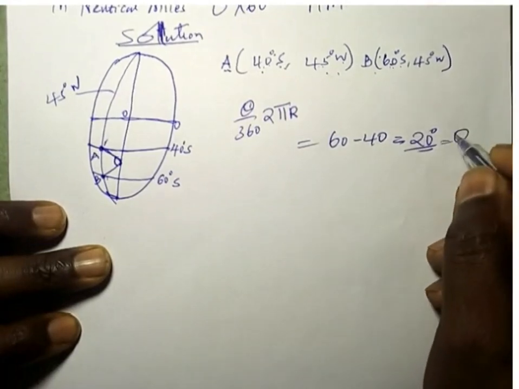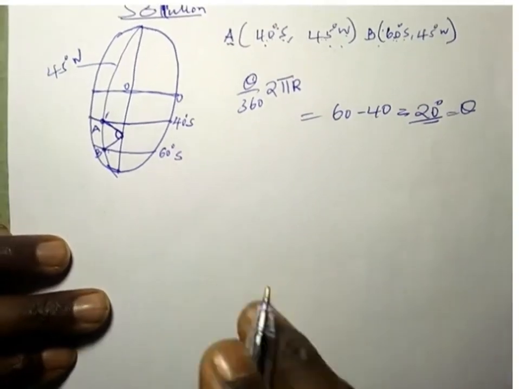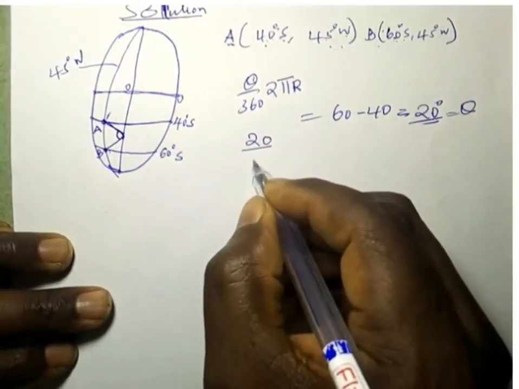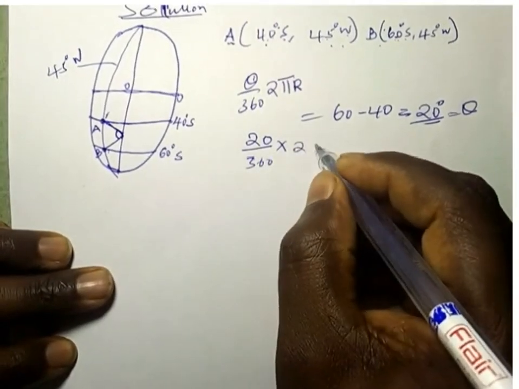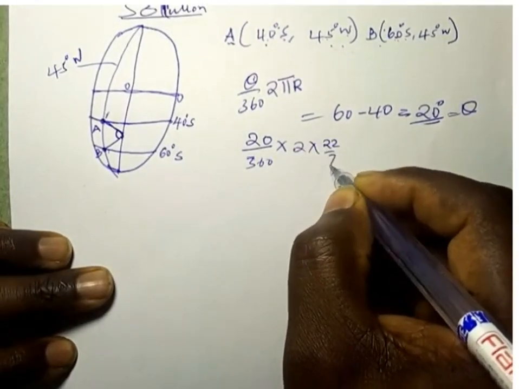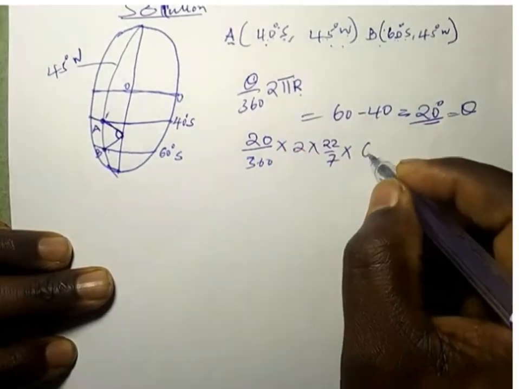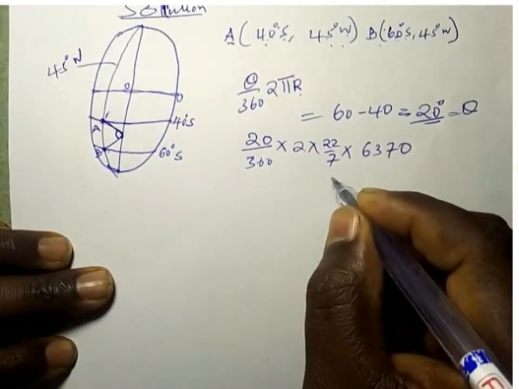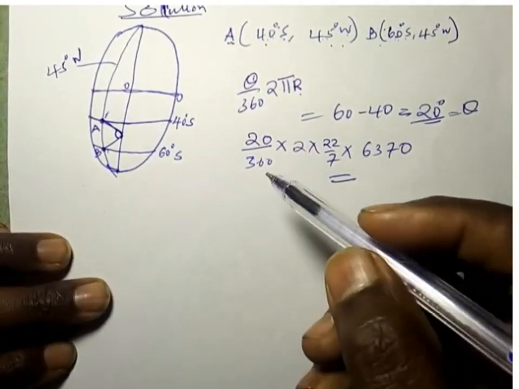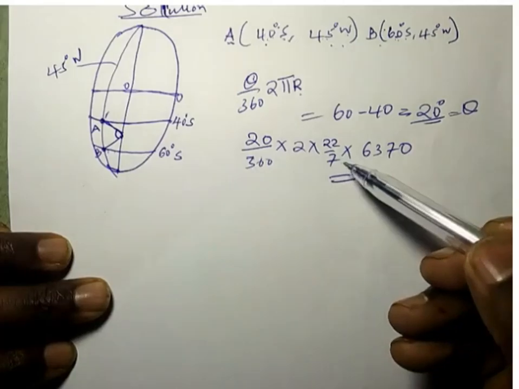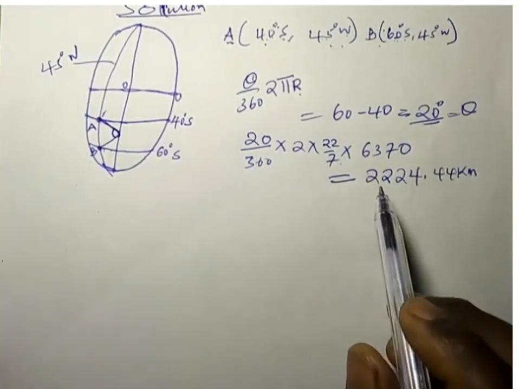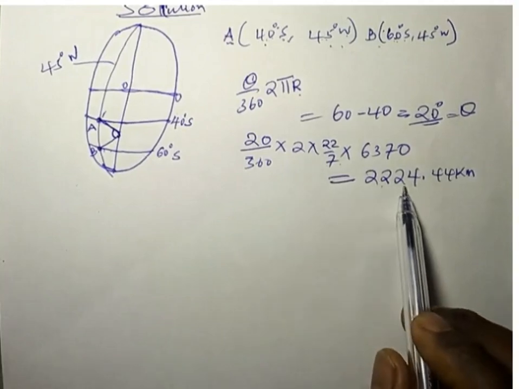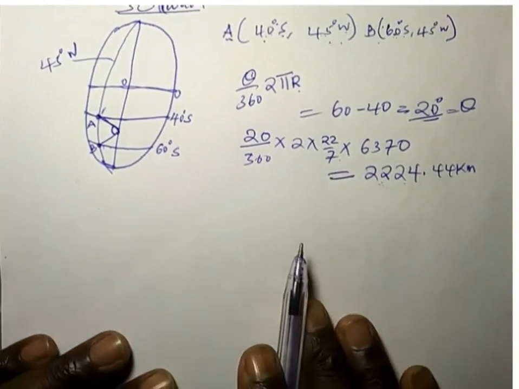So theta is 20. So you put 20 over 360 times 2 times 22 over 7 times the radius 6370. And that one gives us the length AB, the arc length, which is 22.4 kilometers. Now, this is in kilometers.